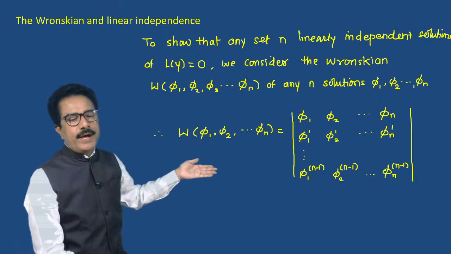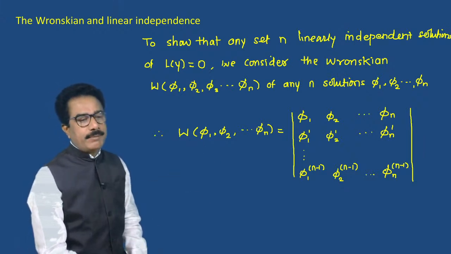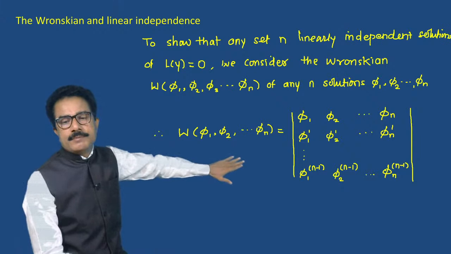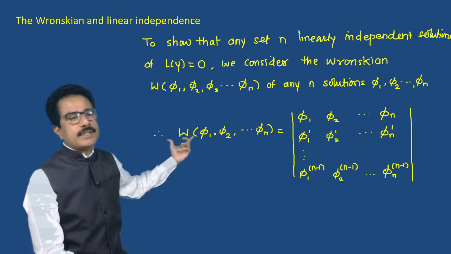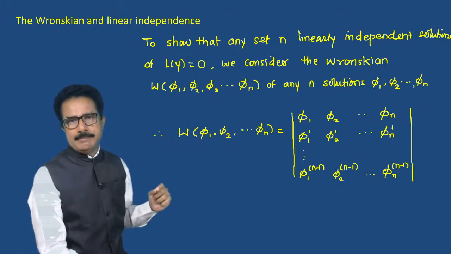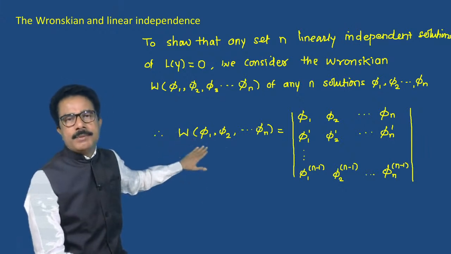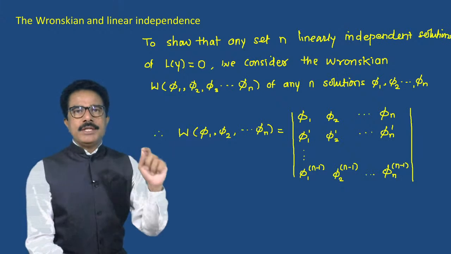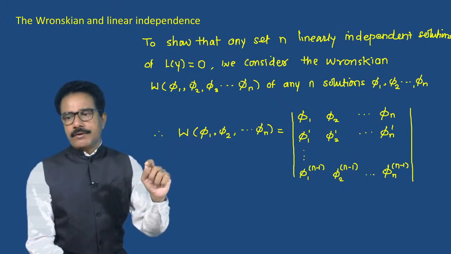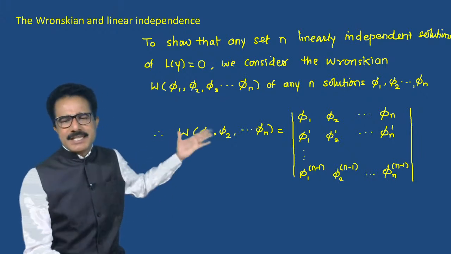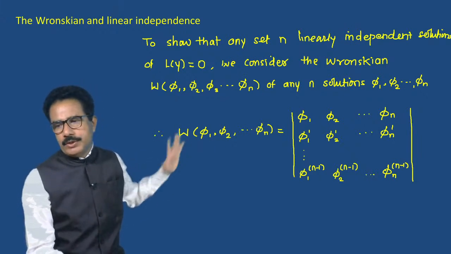The value of this determinant is defined as the Wronskian. We have already seen this concept in the homogeneous differential equation of order n having constant coefficients. It is the same case here which we have to use.